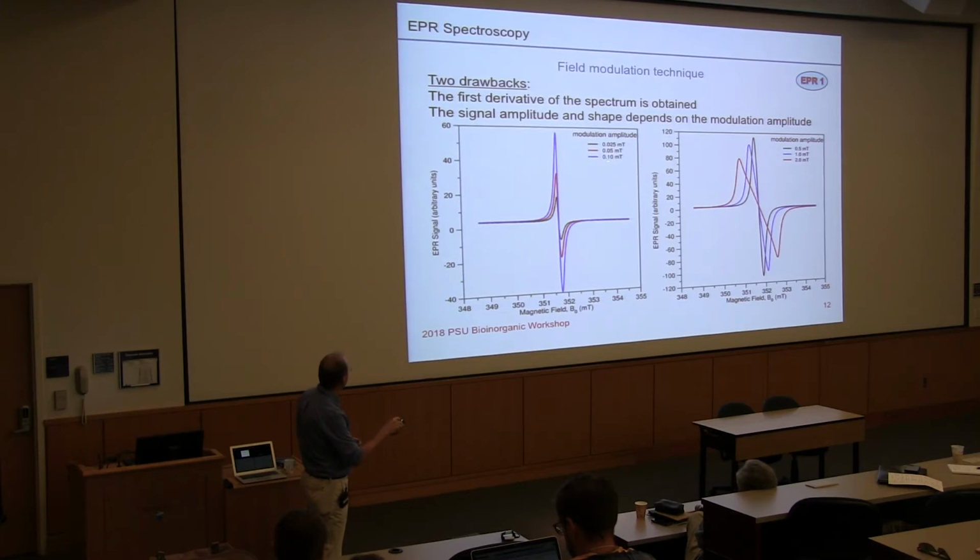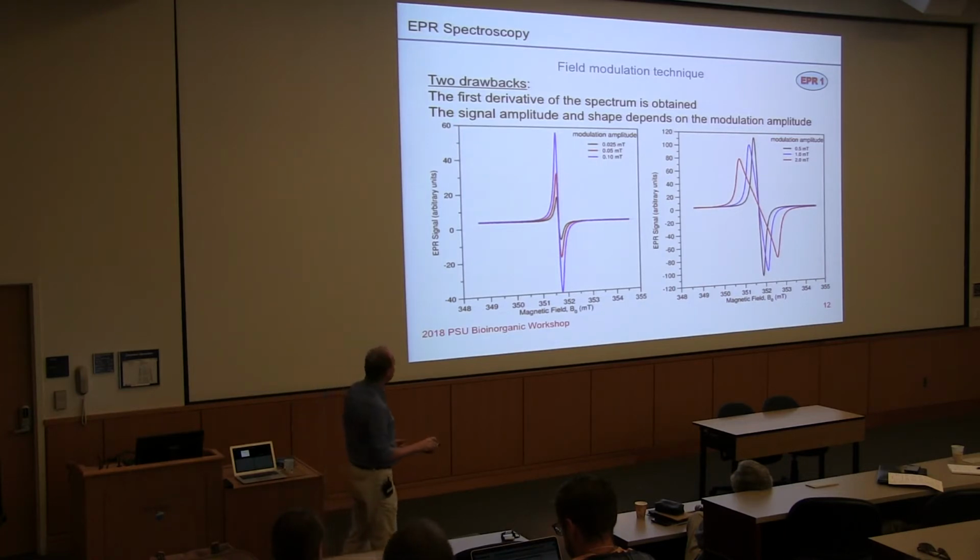And so in this diagram, what we've done is just gradually increased the amplitude of this modulation, and you can see that the height of the line increases, right? If you take that too far and your modulation now starts to become bigger than the line that you're trying to measure, then the spectrum that you see starts to distort, right? And you can see here, if I really take a much too big modulation, then the width of the line that I get is really a lot bigger, right?